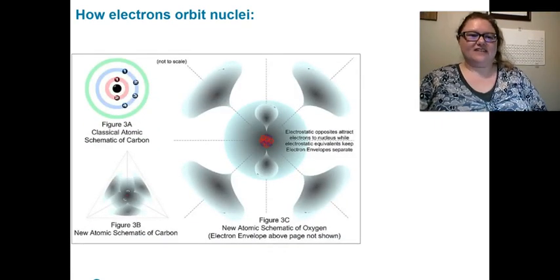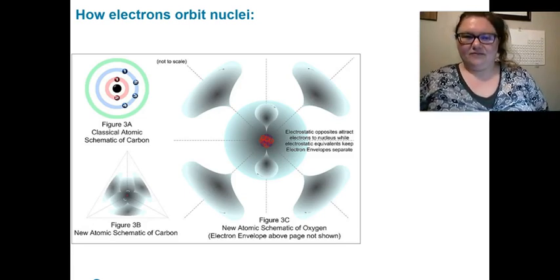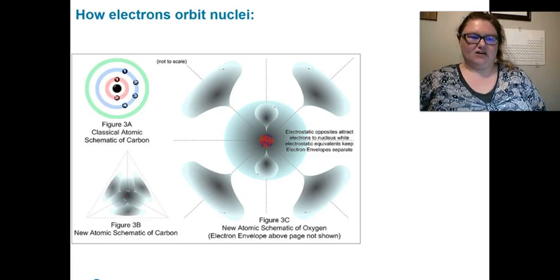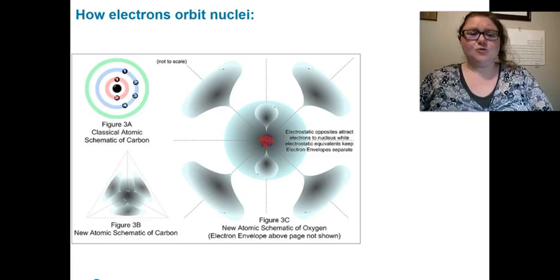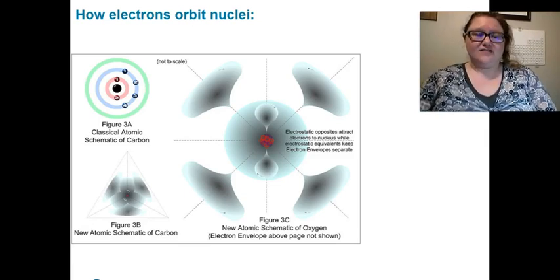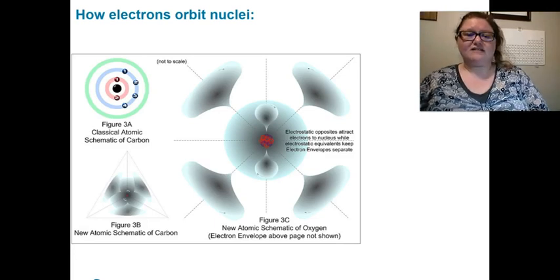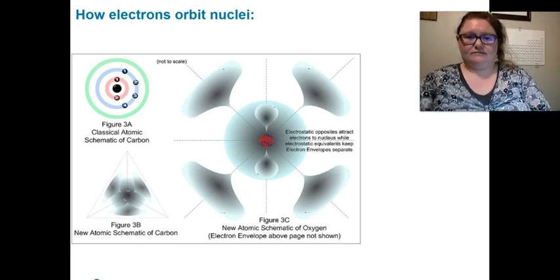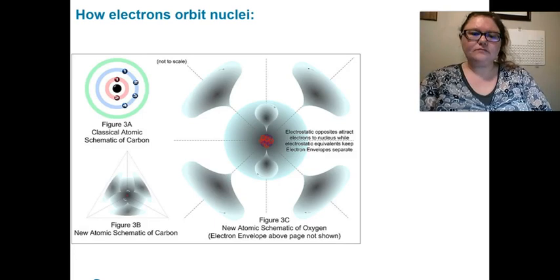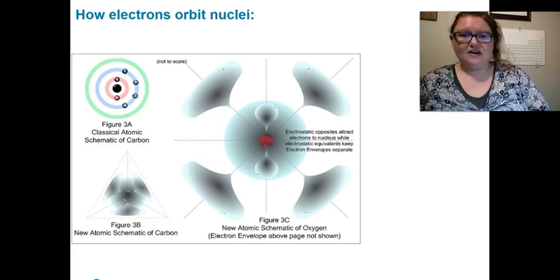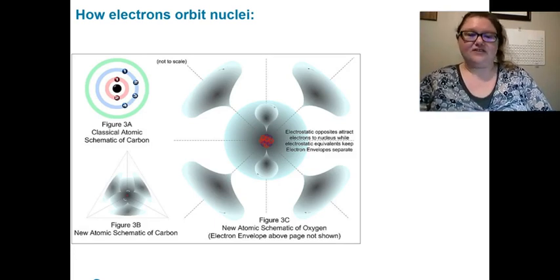And so we see in the top left corner there an image that is representing Bohr's atomic model. But in actuality, instead of seeing these concentric rings, what we're seeing is these different shaped paths where the electrons can be found. Now notice the nuclei are in the center there.